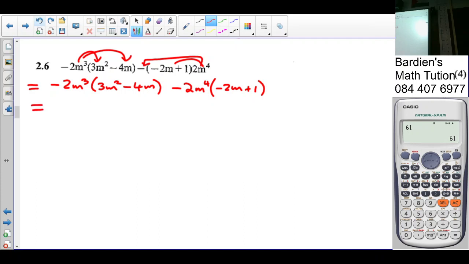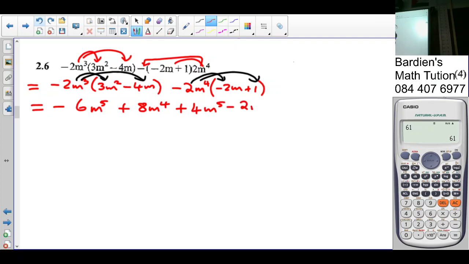So what do I do now? We multiply out. Okay? So what's negative 2m cubed times 3m squared? Negative 6m5. What's negative 2m cubed times negative 4m? Positive 8m4. What's negative 2m4 times negative 2m? Positive 4m5. Negative 2m4 times negative 1? Negative 2m4. So what do we do now?